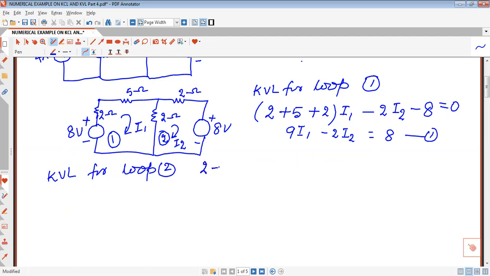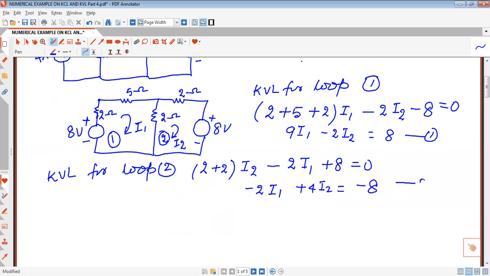So we write 2 plus 2, multiplied by I2, and for this resistance the I1 is going in the downward direction, so we subtract 2I1. When we go like this, the positive terminal is encountered first, so we write positive 8 equal to 0. So now we have the equation minus 2I1 plus 4I2 equal to minus 8.